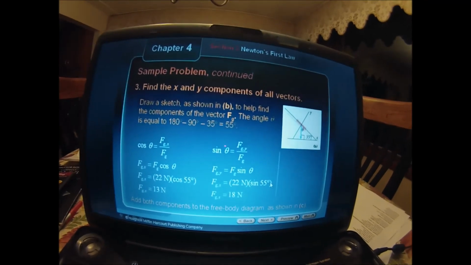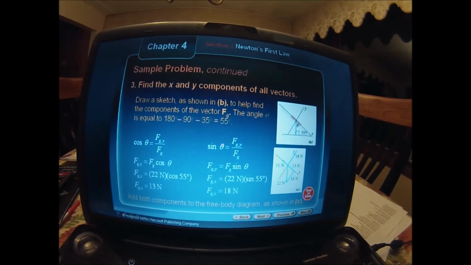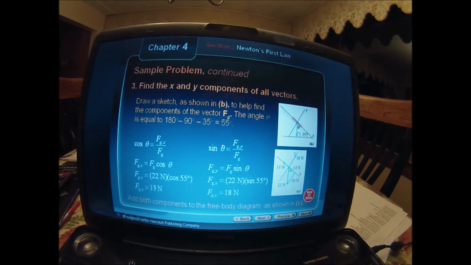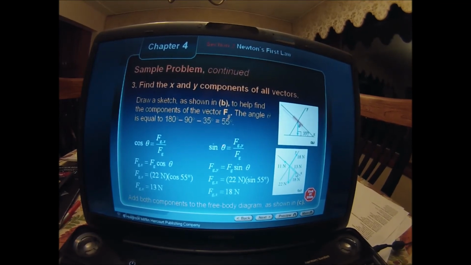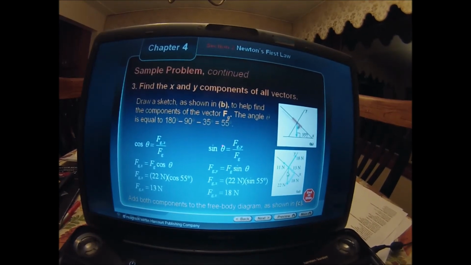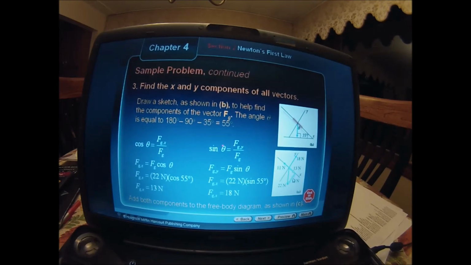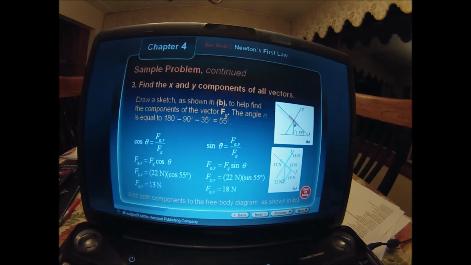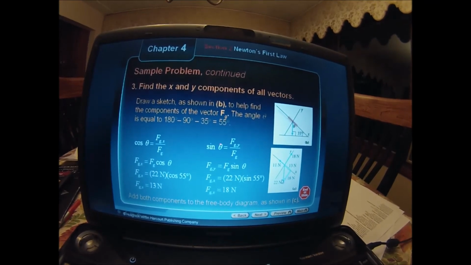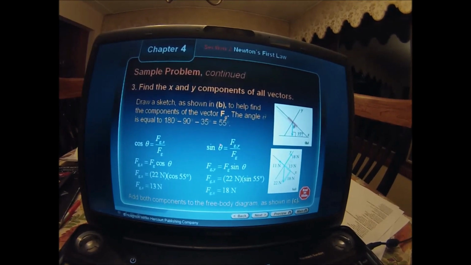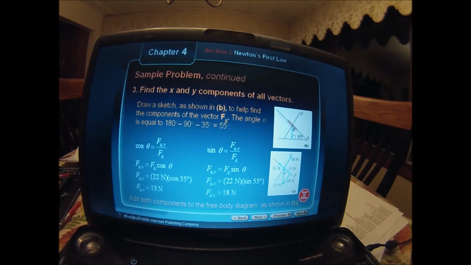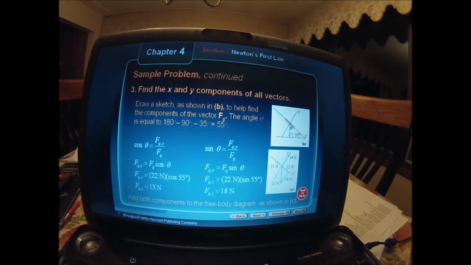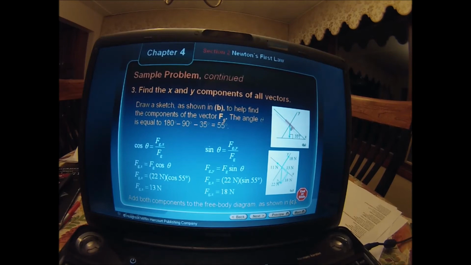Now we can do a new diagram showing our 13 newtons in the x direction and our 18 newtons, you could also put it this way, in the y direction with our resultant here of 22 newtons. Now we've got 18 newtons up, 18 newtons down, so they cancel each other out.